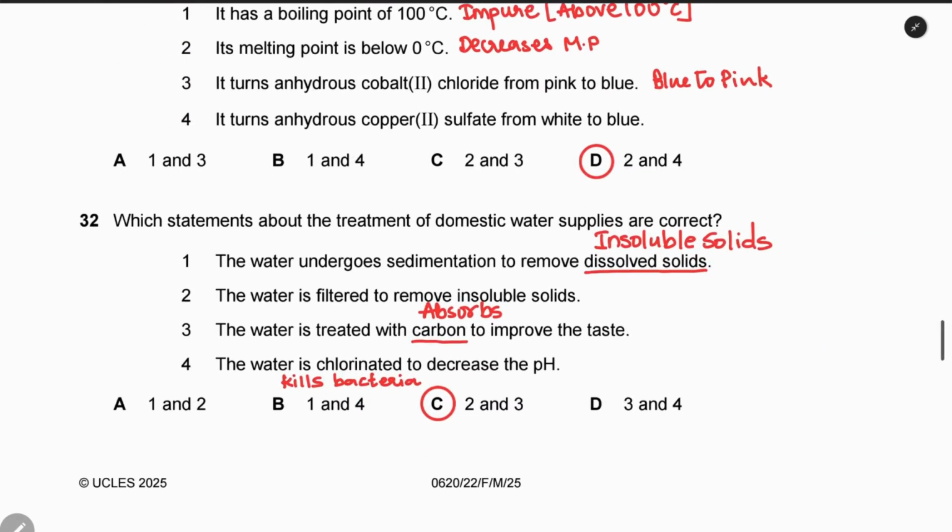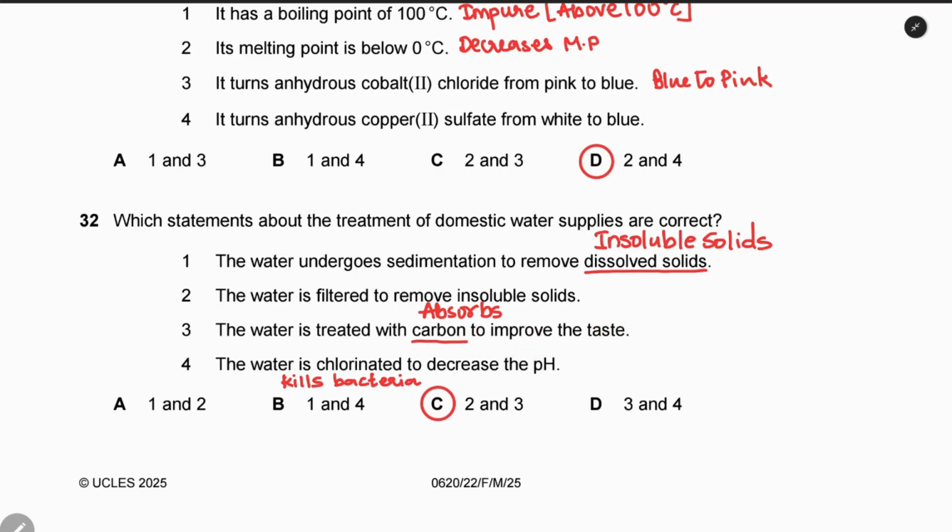Which statements about the treatment of domestic water supplies are correct? The water undergoes sedimentation to remove dissolved solids? No, it actually removes insoluble solid. So, the answer is wrong. The water is filtered to remove insoluble solid. Okay, as I mentioned, it removes insoluble solid. The water is treated with carbon to remove the taste.